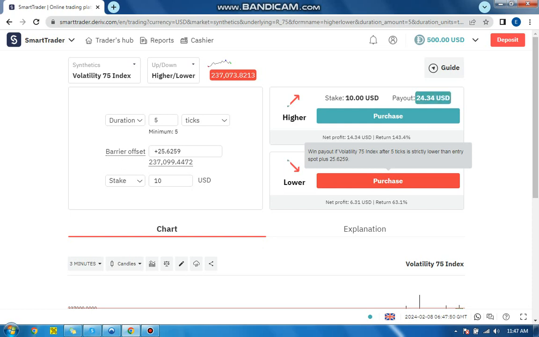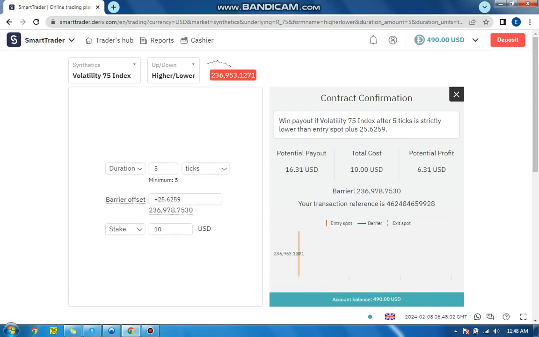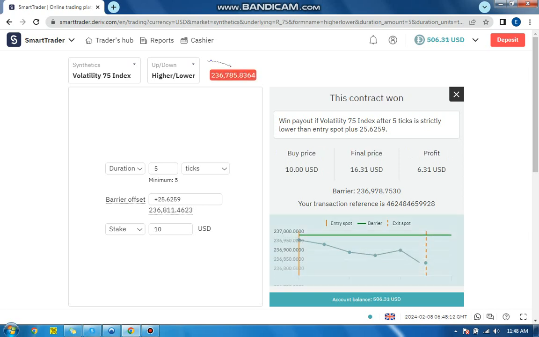Now we just have to wait for another one, whether it goes up or, okay, here's the red, a second red, and we're gonna take the trade. So this is the first one. 1, 2, 3, 4, and boom. As you can see, we have just won $6.31.